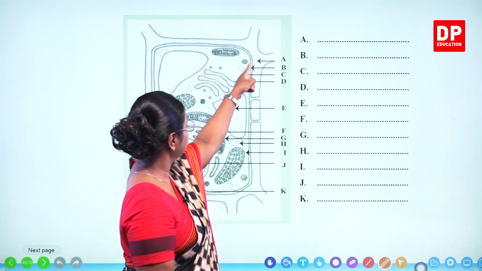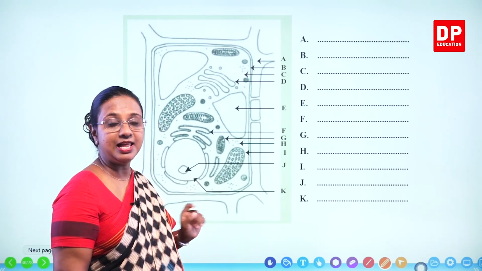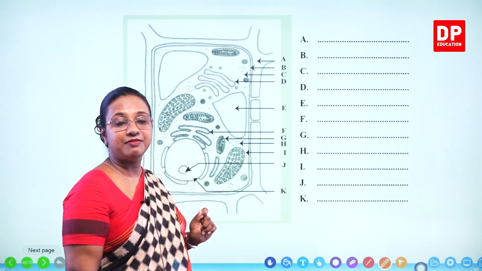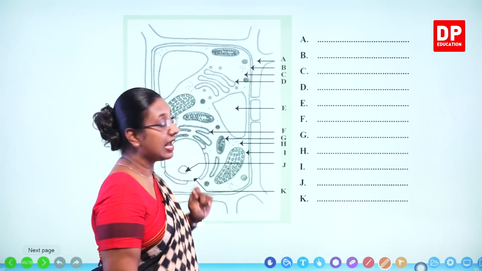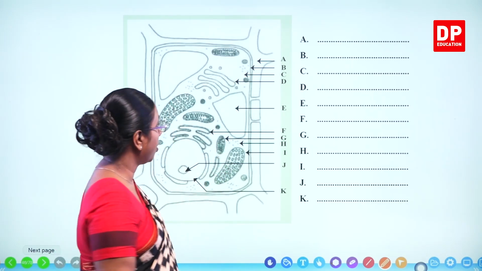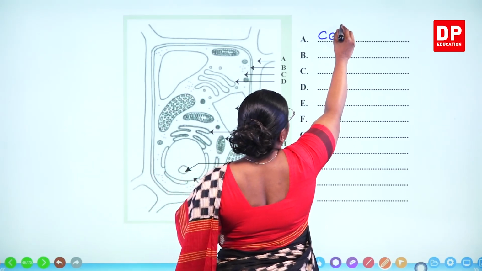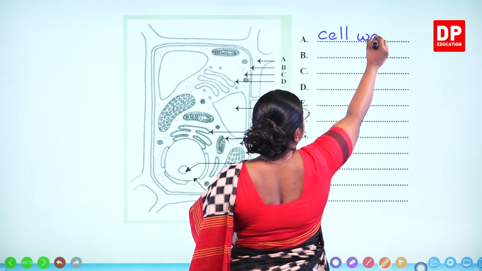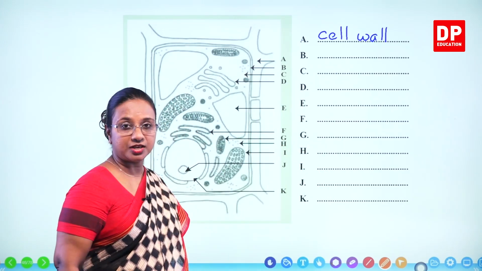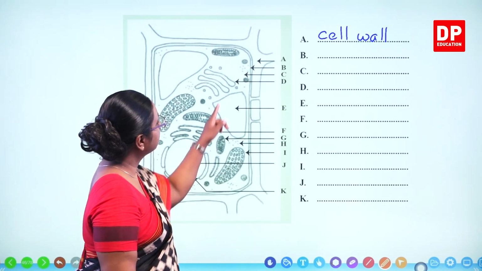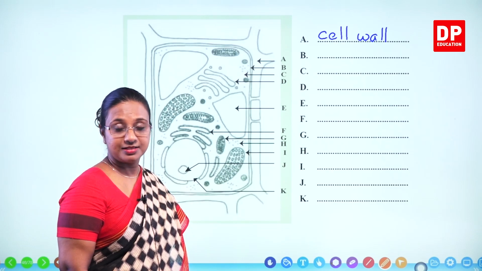That you can see it's the outermost boundary in this cell and we already identified it as a plant cell. Therefore, A has to be the cell wall. So, A here is the cell wall. Then we have the second structure B. That is the next layer inside the cell wall.